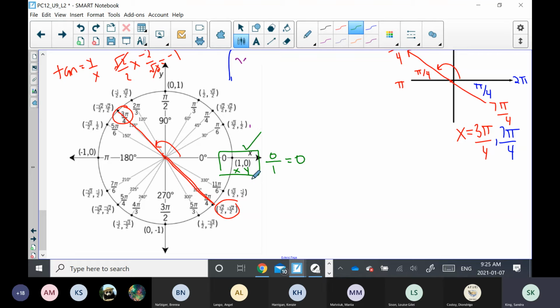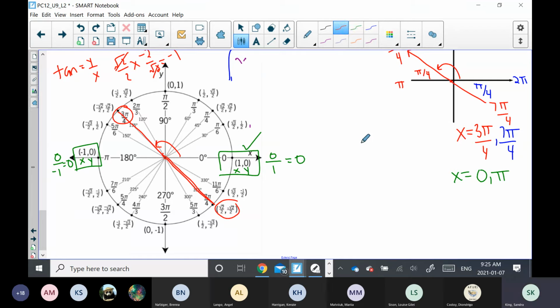So this is a solution. But then let's check this. That's x and that's y. Y over x, 0 over negative 1 is 0. So this is a solution. So the other solutions that I have are 0 radians and pi radians.